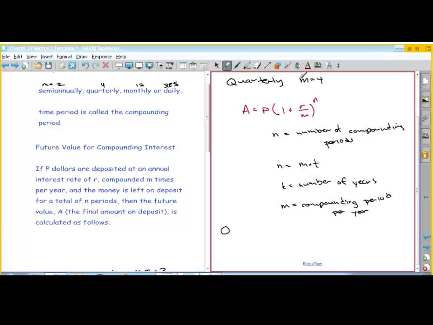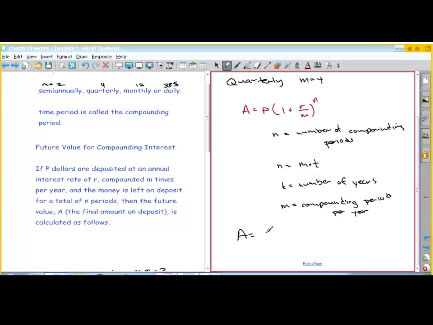If it was monthly, M would be equal to 12. If it's daily, M would be equal to 365. So this is the number of compounding periods per year. If you take that per year times the number of years, you get the total number of compounding periods. That's the exponent on the outside. R is still the interest rate, P is still the principal, A is still the amount after the finish.